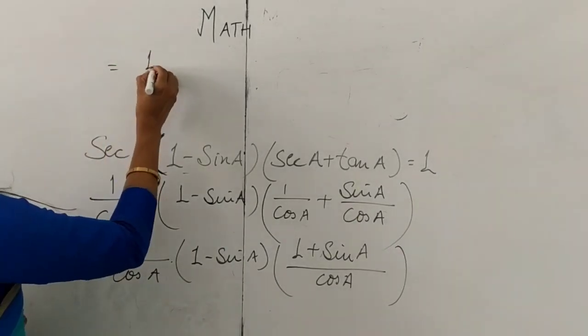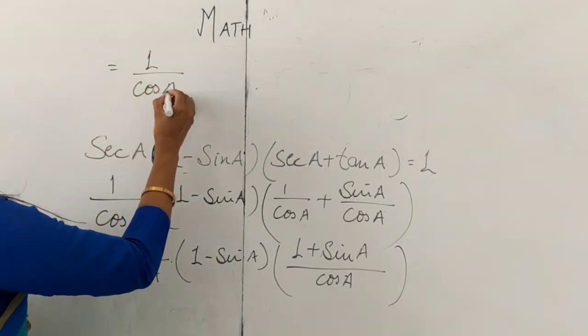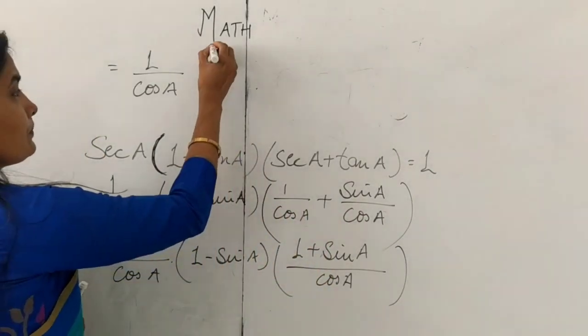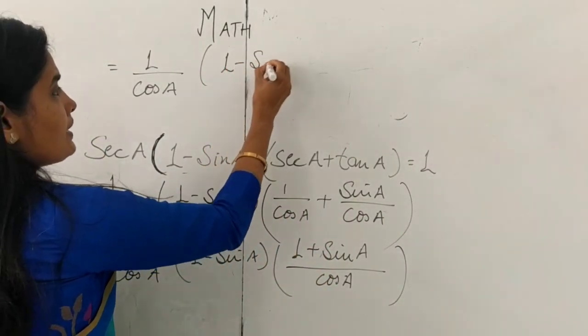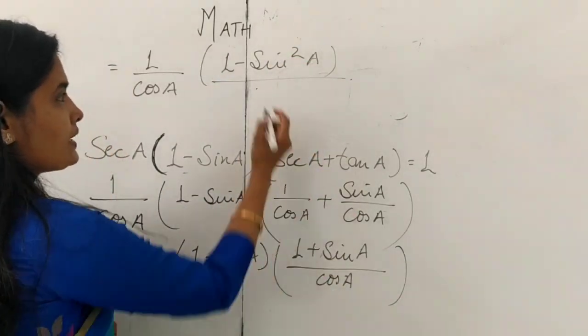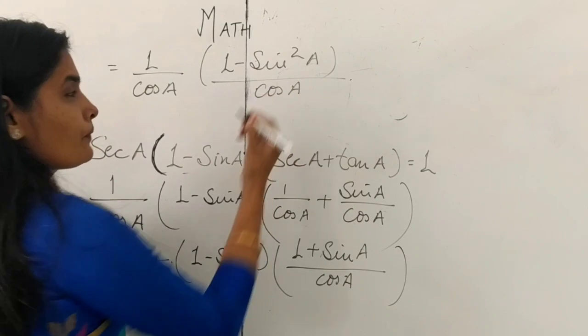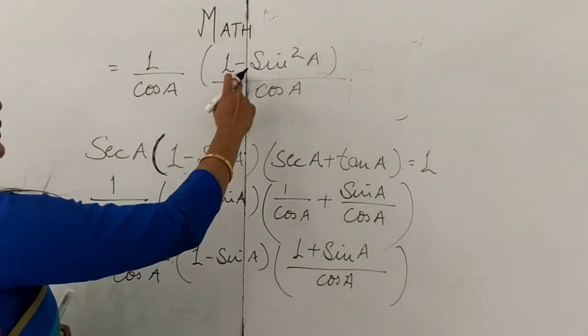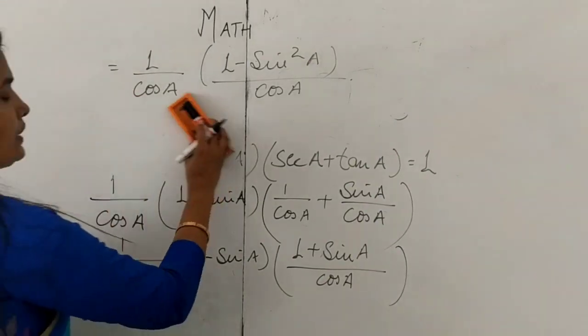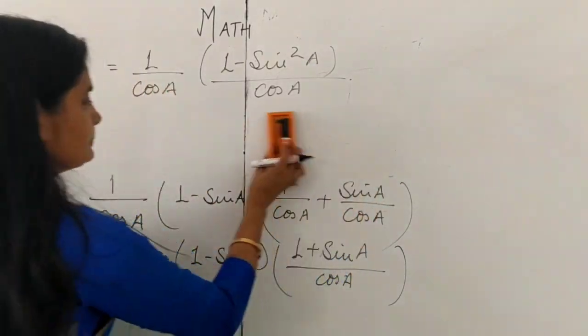So 1 upon cos a will remain as it is. 1 minus sin a and 1 plus sin a I can write 1 minus sin square a upon cos a as it is. Okay. Now in place of this 1 minus sin square a, what I can write? I can write cos square a. This is the identity.